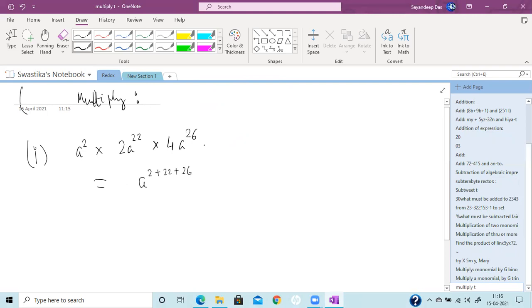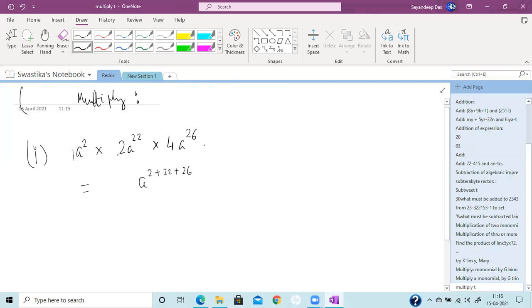And the numbers, what will you have to multiply? The coefficients: here the coefficient is 1, here the coefficient is 2, here the coefficient is 4.